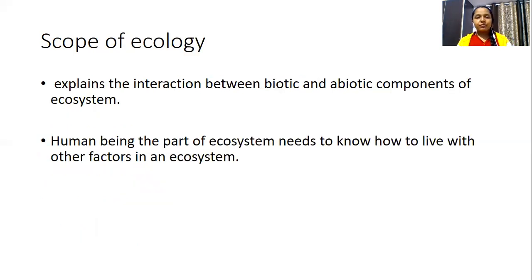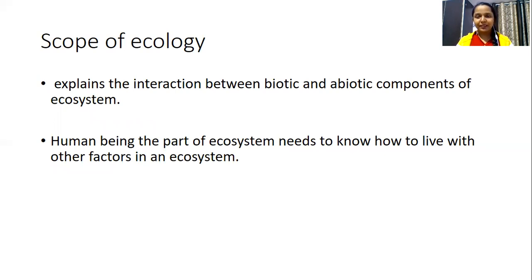So, what is the scope of ecology? Why do we need to study ecology? What is the meaning in studying ecology? Why do we need to understand the concepts of ecology? As the definition of ecology explains, it is the total interaction of biotic and abiotic components. For an organism to live peacefully, we have to be concerned with various organisms, but we humans are more concerned with ourselves; we are very self-centered.